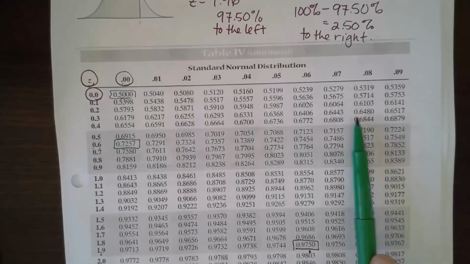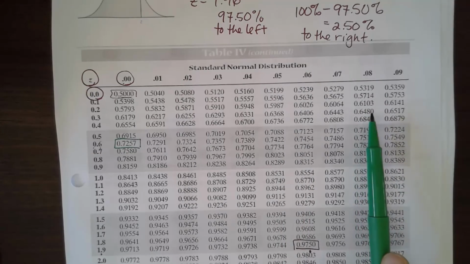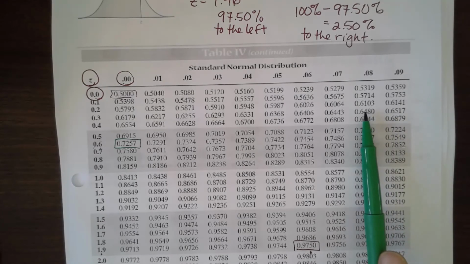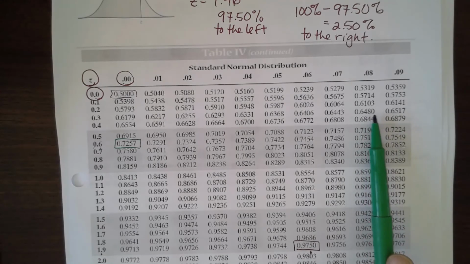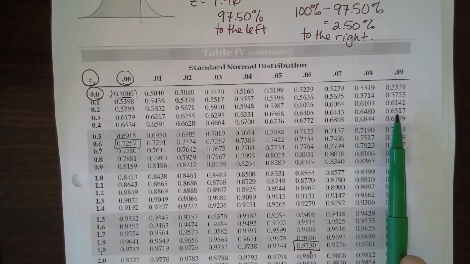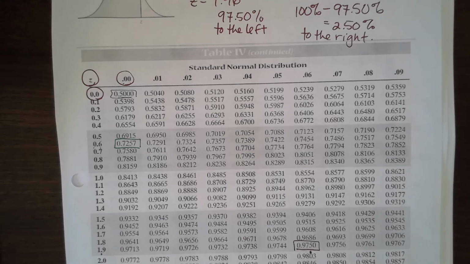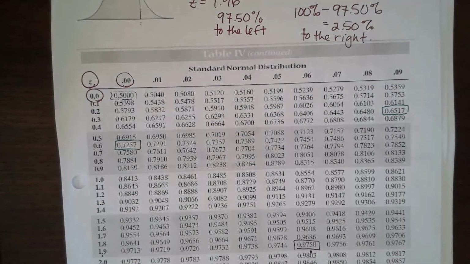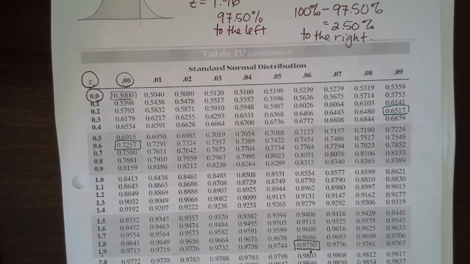So which numbers we've got? This guy and this guy. I think 0.6517 is closer to 0.65 than 0.6480, right? This is 17 away and this is 20 away. 20 thousandths, or yeah, 100,000. So don't worry about that. But this is as close to 65% as we get on our z-score table.